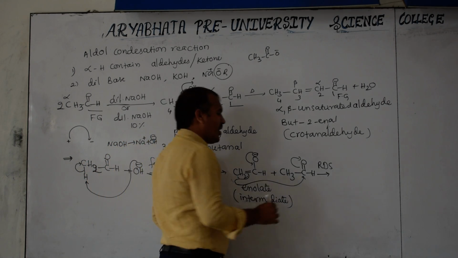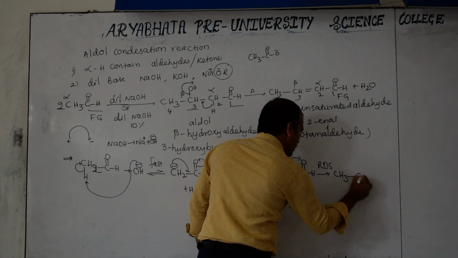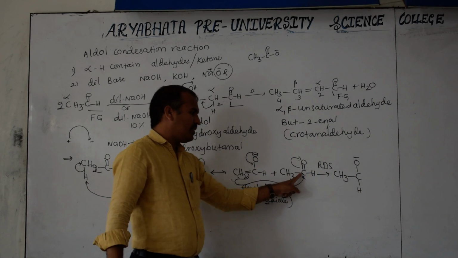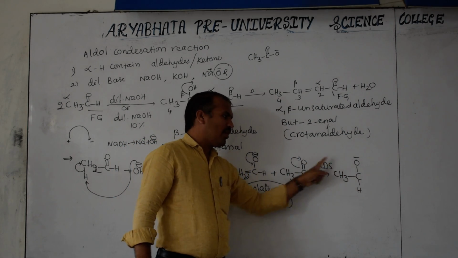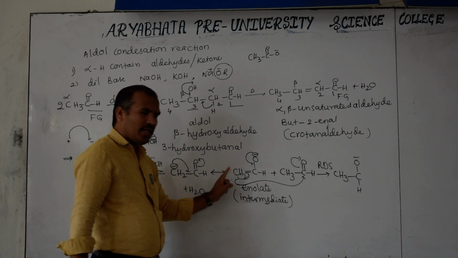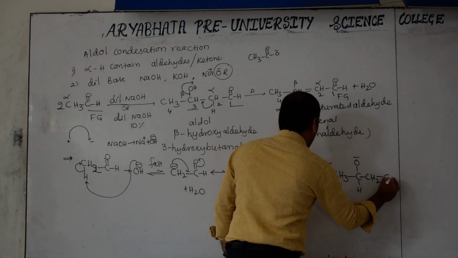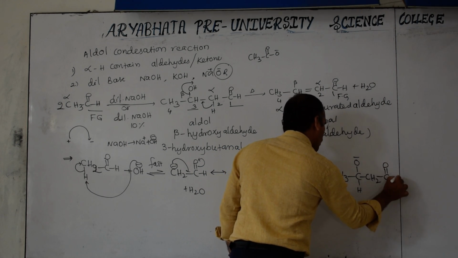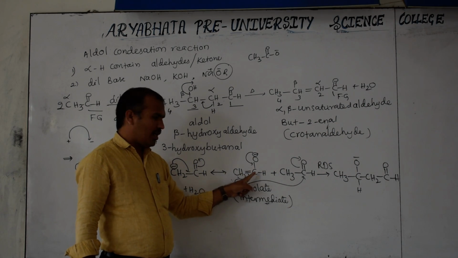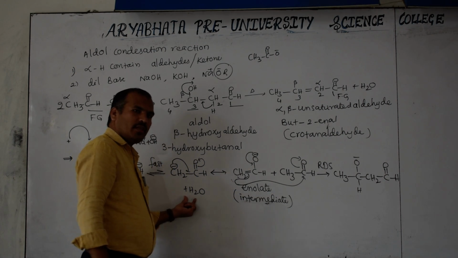Now, carefully observe this. CH3, CH, CH2, C double bond O minus, and H. Next, what is it for this carbon atom? CH2, along with this, C double bond O, H. This negative comes here, and everything else is there. And here already one water molecule is there.